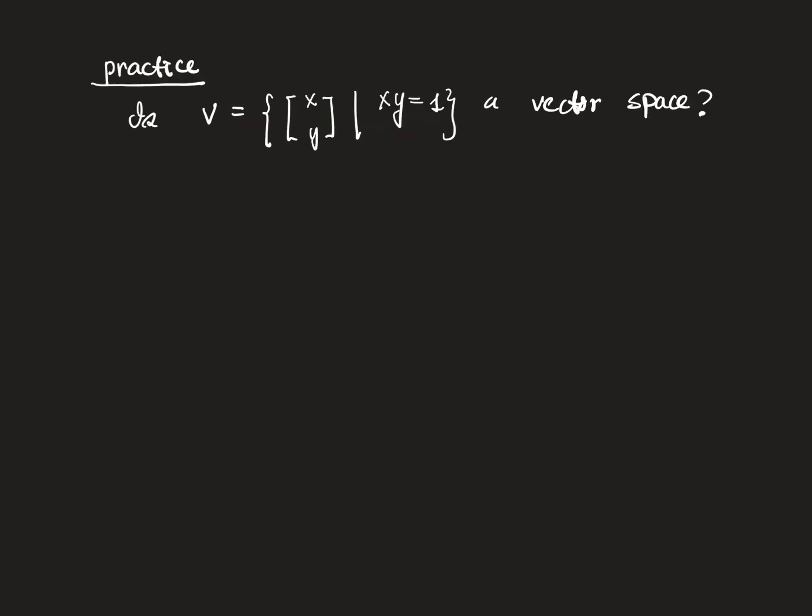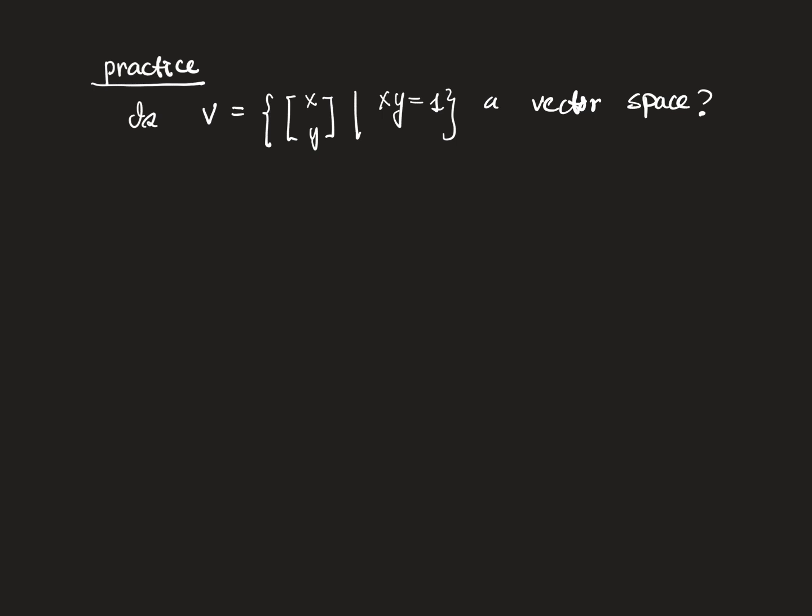So you guys practice this example. Is this one a vector space or not? Get some idea. How can you prove it? Pause the video and try to think about it a little bit. Did you go through all 10 axioms for the vector space? But you can quickly find something.